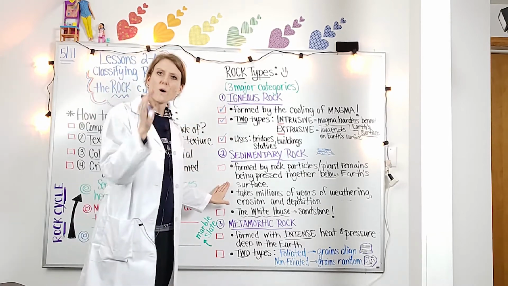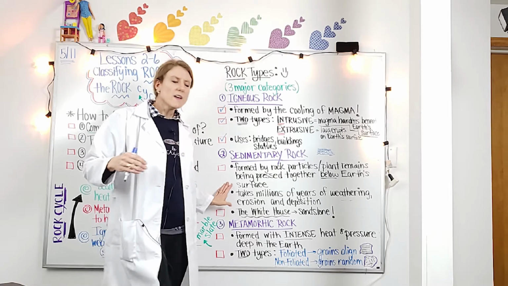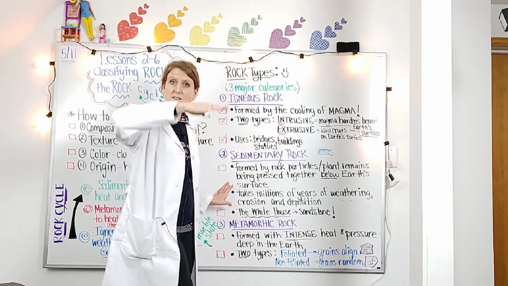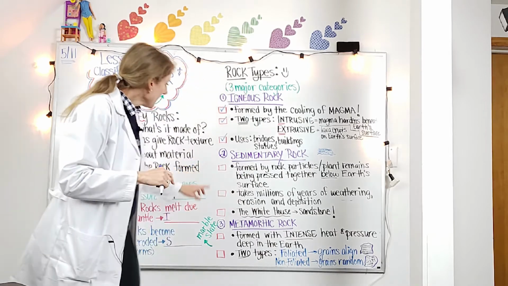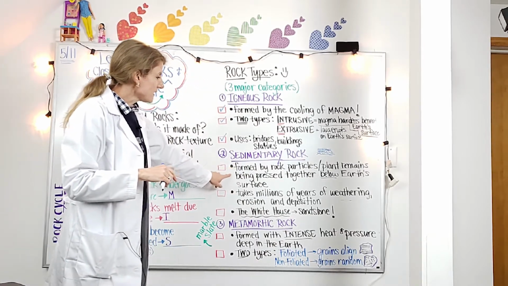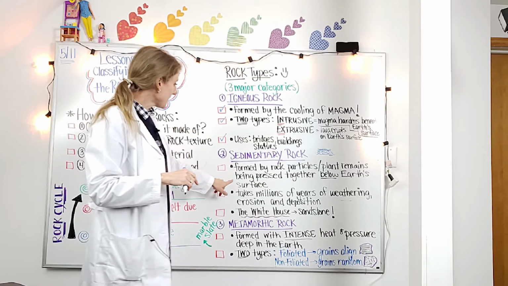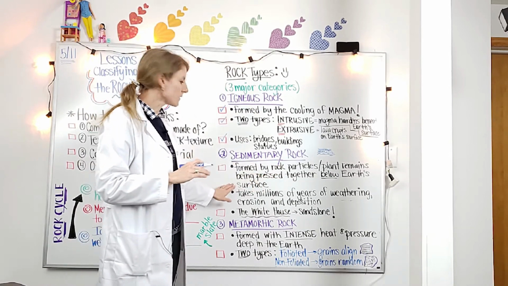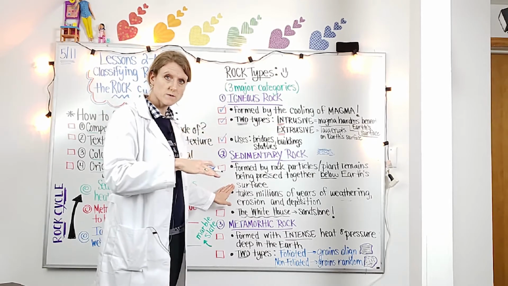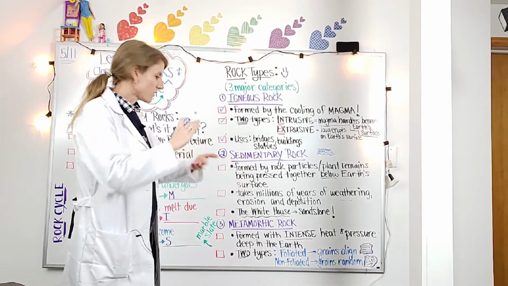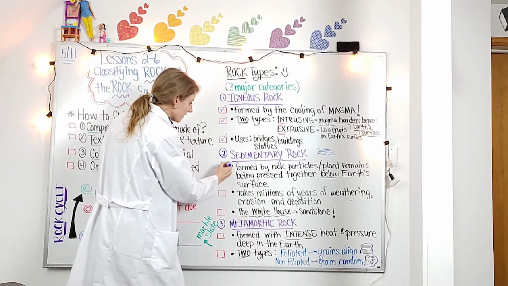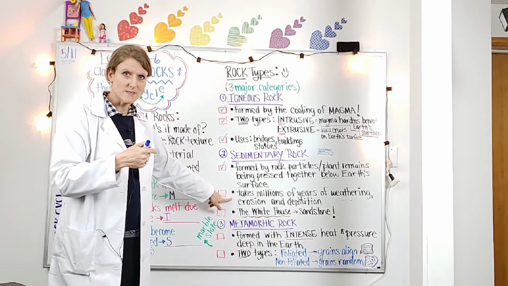And as you know, from your earlier schooling years, the oldest sedimentary rock would be at the bottom, right, as it layers over the years. They are formed by rock particles and plant remains that get pressed together basically under intense pressure below the Earth's surface. So this is happening below the Earth's surface. Those particles get really compressed together, and that's how they form. Again, taking a long, long time, as the second bullet states.